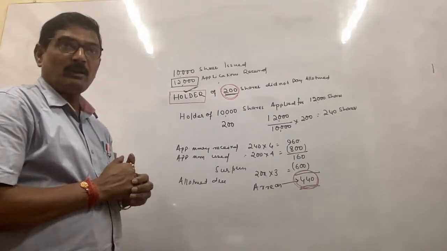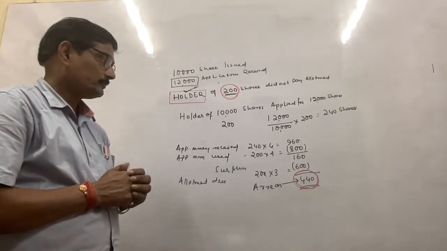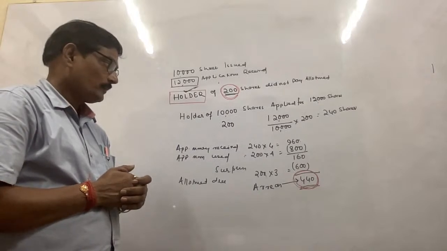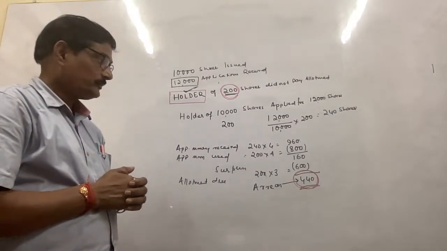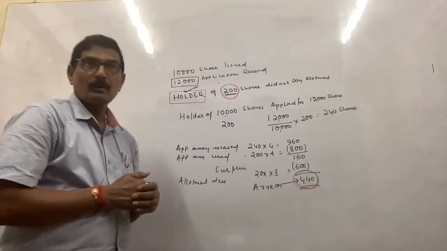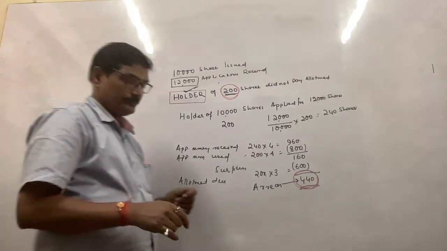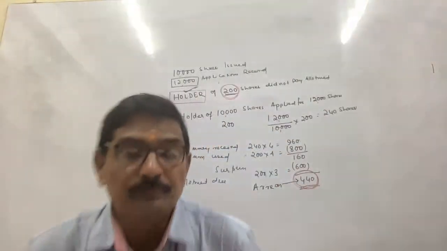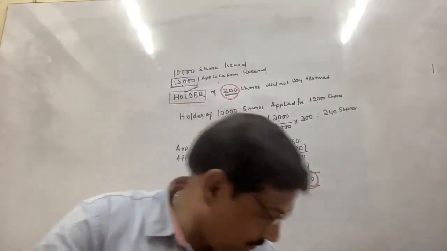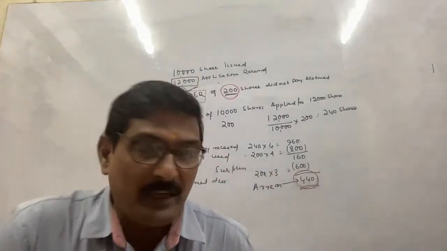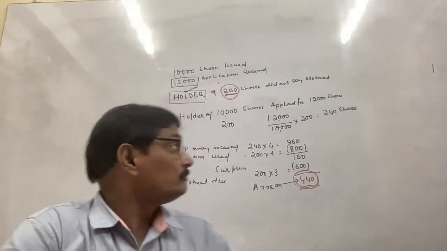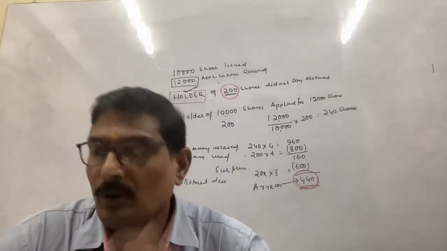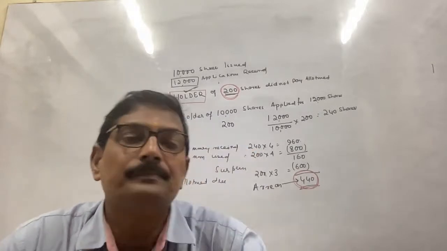Calls in arrear account debit, 440, to share allotment account, 22,000.